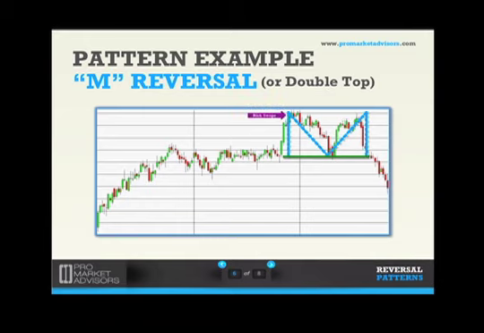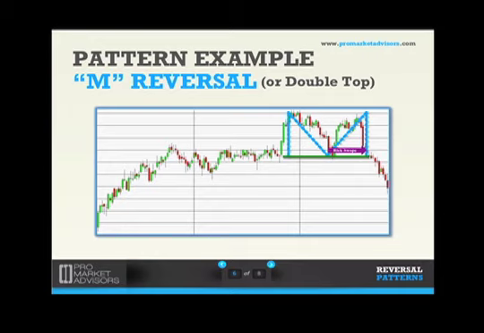Also, we don't need perfect symmetry between this side of the M and this side of the M, but we do like to see some level of symmetry. What I mean by that is, if from here to here is about 2 weeks, then we like to see from here to here be about 2 weeks.